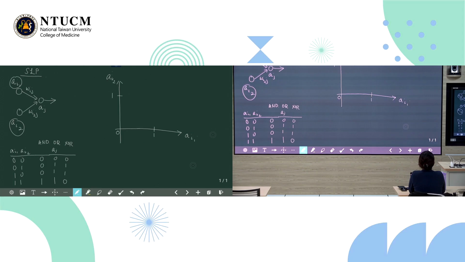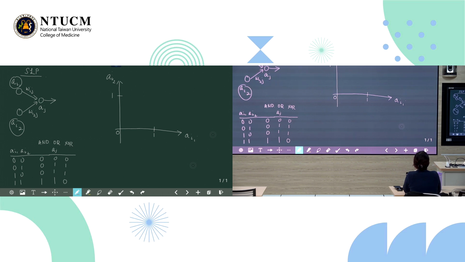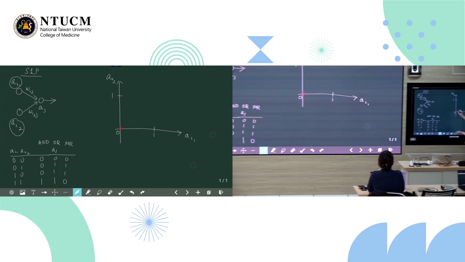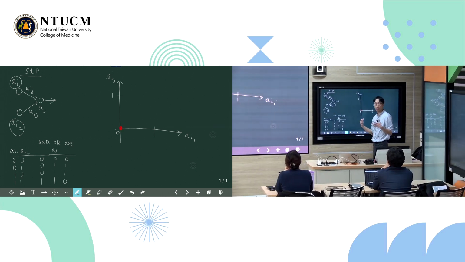The way to think about it is like this. In an AND logic gate problem, if AI1 and AI2 are both 0, let's just say that there's a red dot. It's a red state.